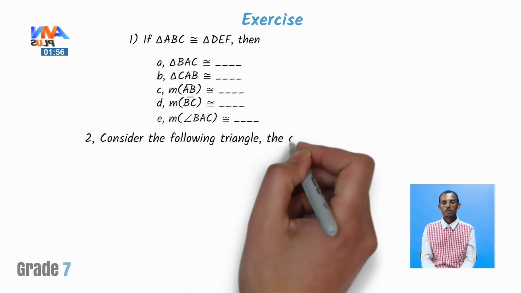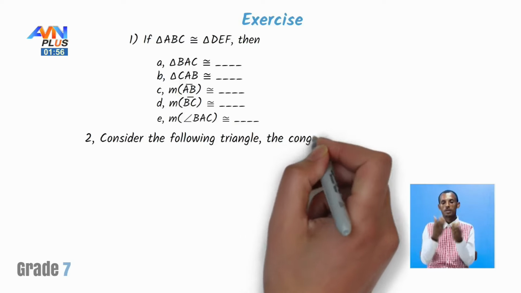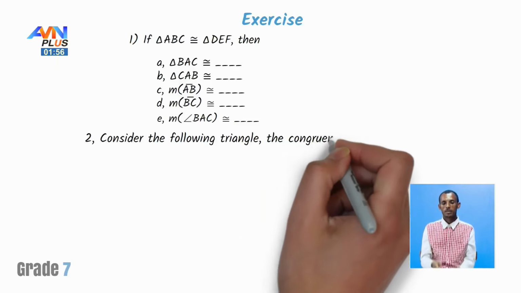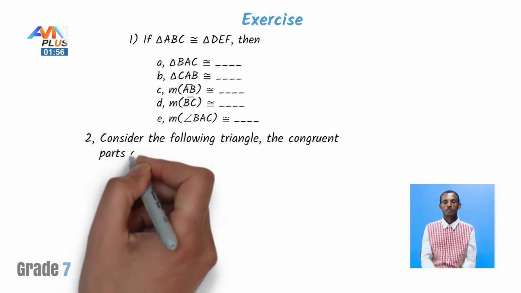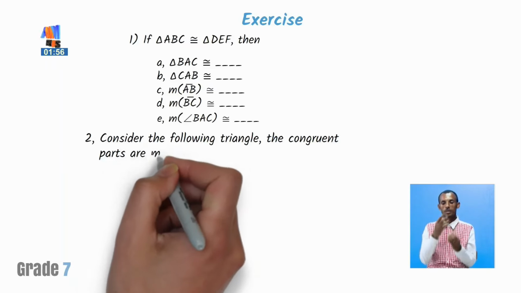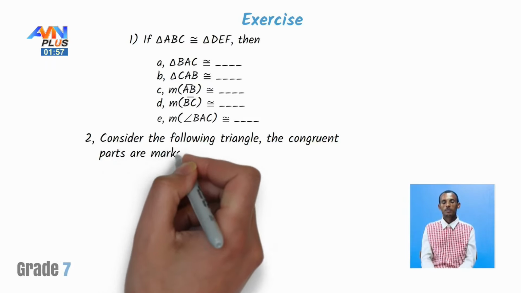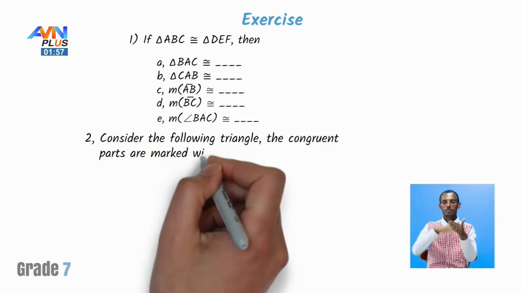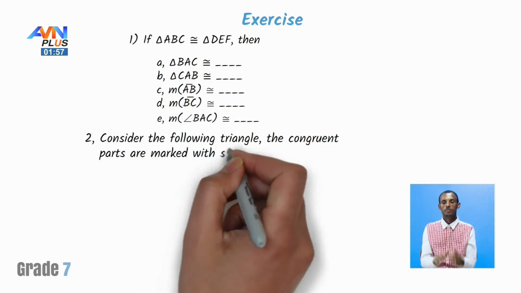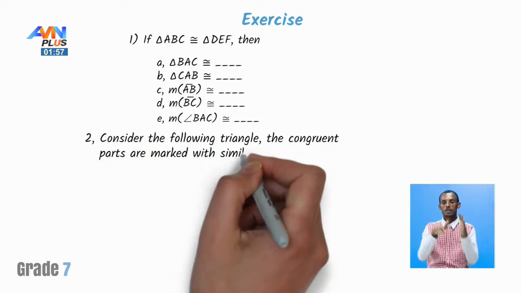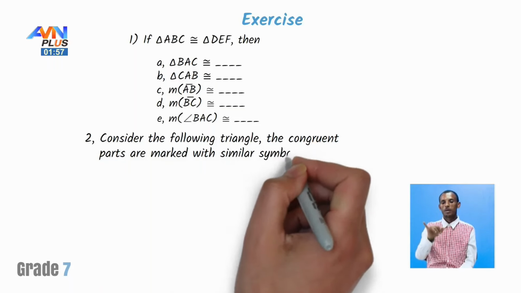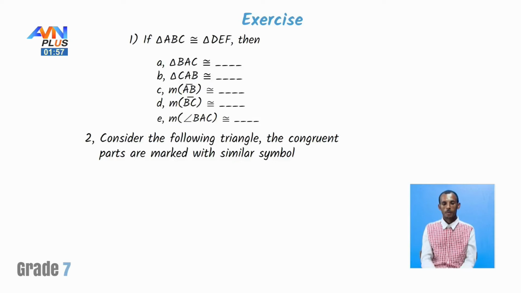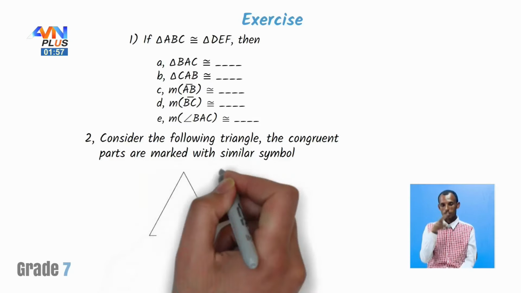The congruent parts are marked with the same sign, with a similar symbol. So this triangle is given.